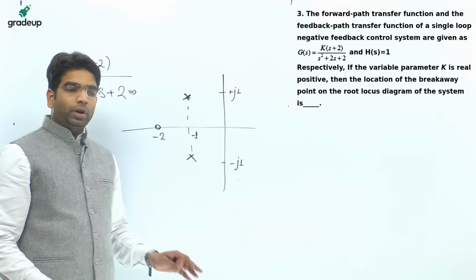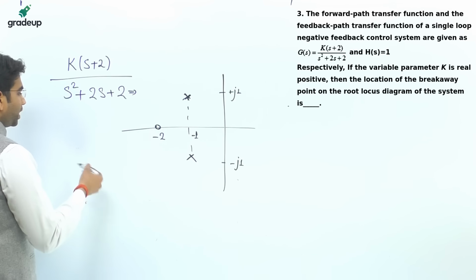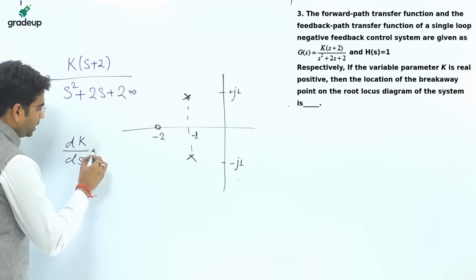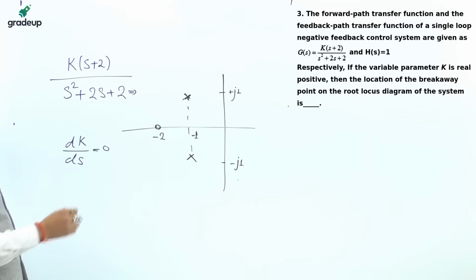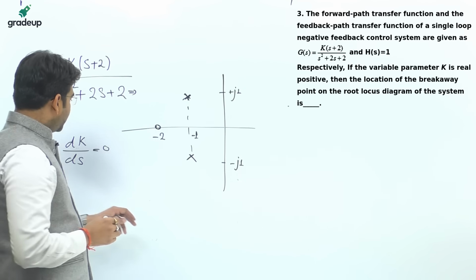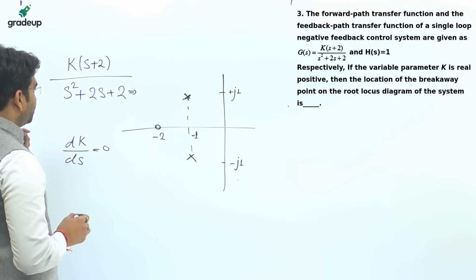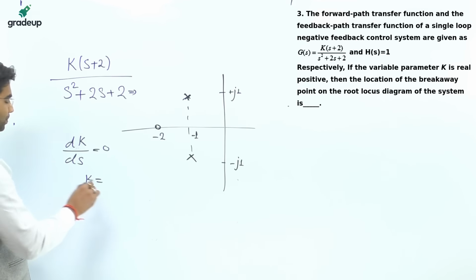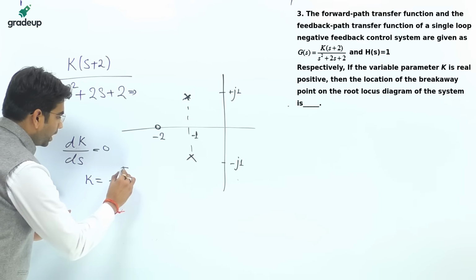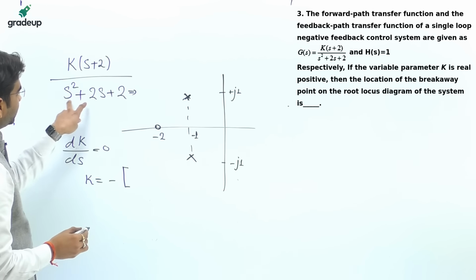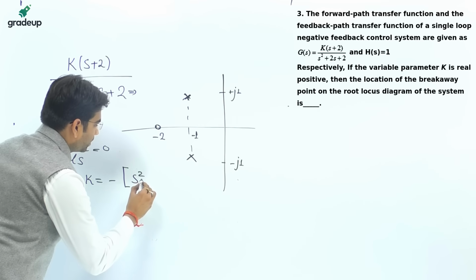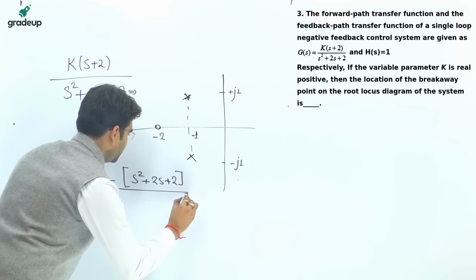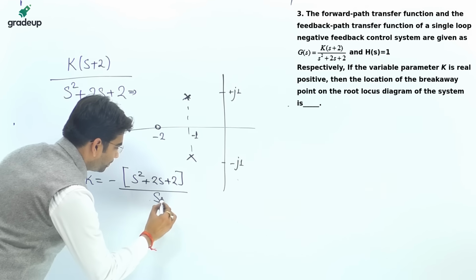Now for every breakaway point, what is the breakaway point equation? How to calculate it? It is dK/ds equals 0. There's a shortcut trick. What is the shortcut trick? For dK/ds equals 0, you can easily manage the equation for K: take minus and write the denominator upon the numerator, s plus 2.